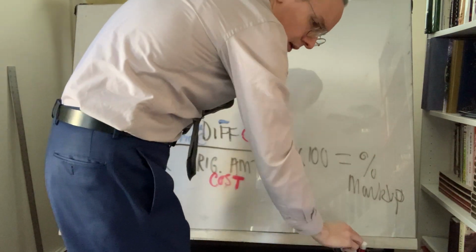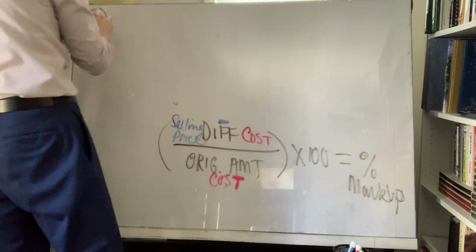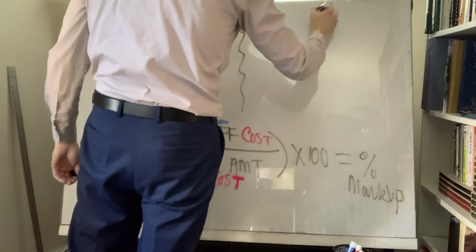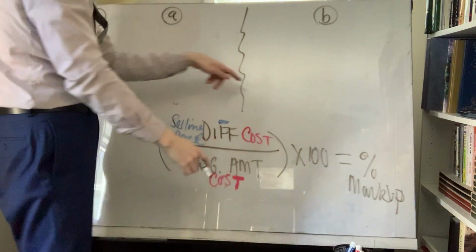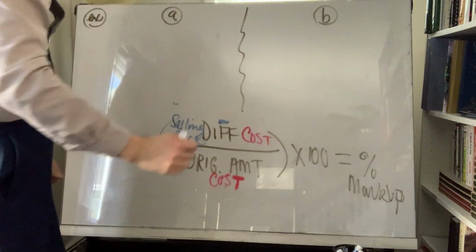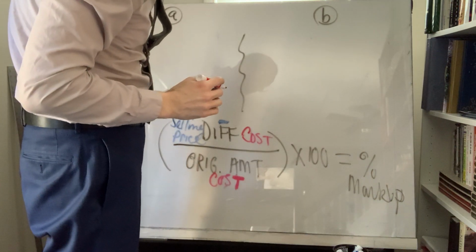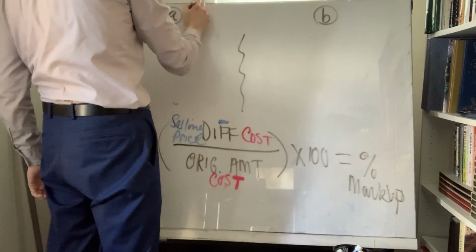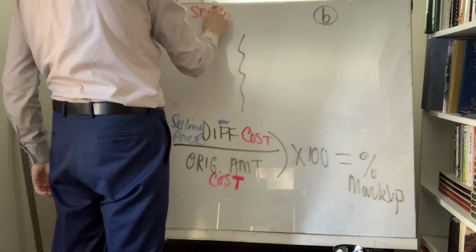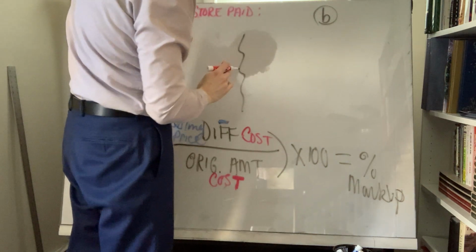If these are the figures involved in example 7, for A and for B, we're going to use the same formula twice, but here are the conditions in each case. For both of them, the store paid $48 and 76 cents.